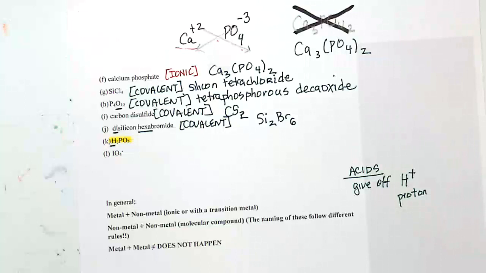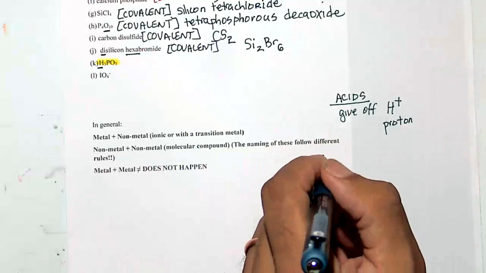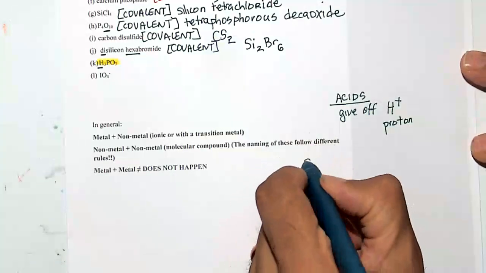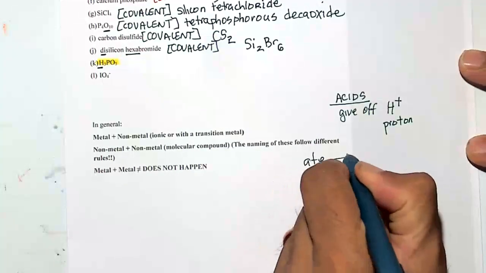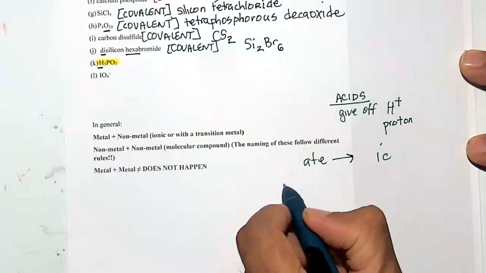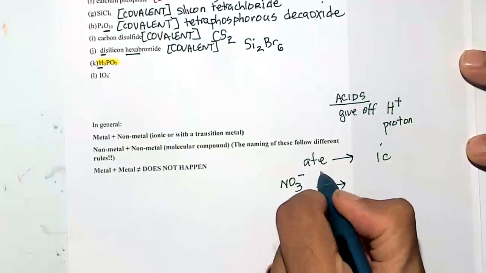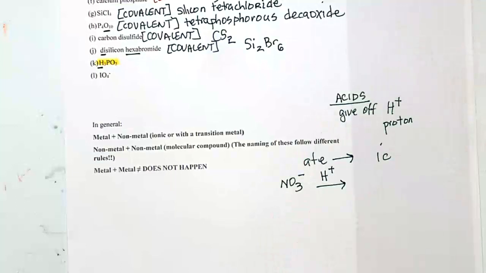Okay, so naming acids has its own different complications. But this is what I want you to know for acids. Ate goes to ic. As an example, we have NO3 minus, nitrate.